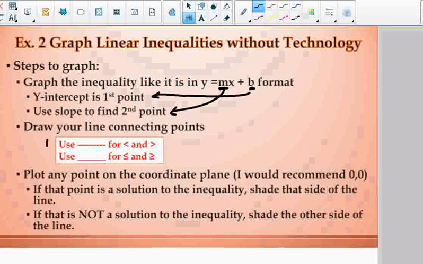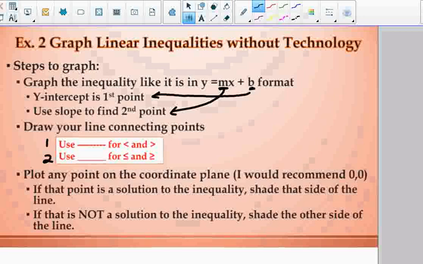You use the dotted line for those linear inequalities where they use less than or greater than. The second type of line is a solid line, and you use those if it's a greater than or equal to or less than or equal to. That means the solution can be on that line or it could be above or below that line.